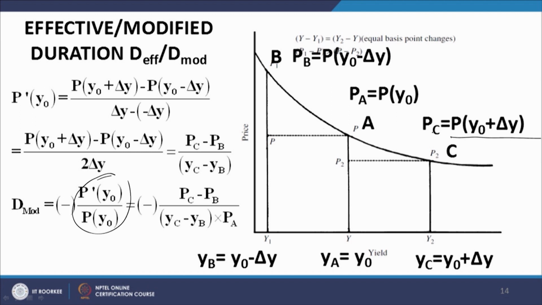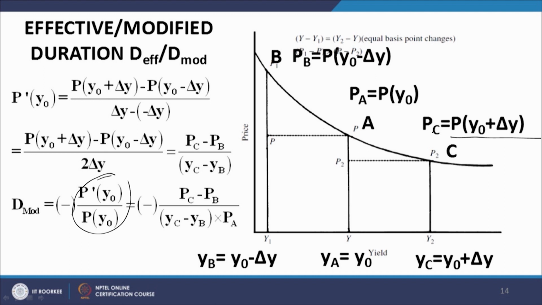The point C represents the price at y 0 plus delta y, the point A represents the price at y 0, and the point B represents the price at y 0 minus delta y. So, P c is equal to P of y 0 plus delta y, P a is equal to P of y 0, and P b is equal to P of y 0 minus delta y.